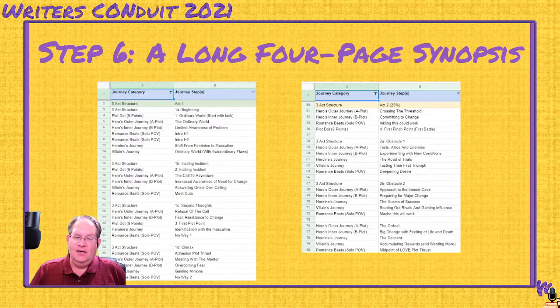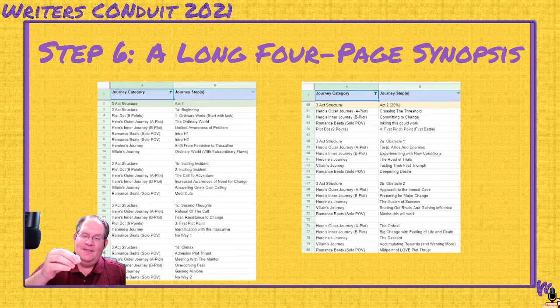And for me, my example here is the 4 page synopsis. This is step 6. For me, I do it in a spreadsheet. I know, you pantsers and discovery writers are already cringing because of this spreadsheet. But this is how I keep organized.